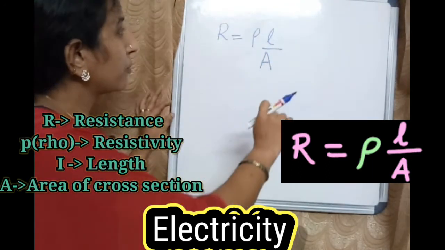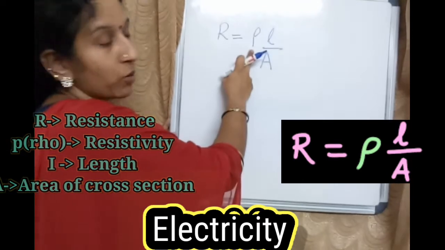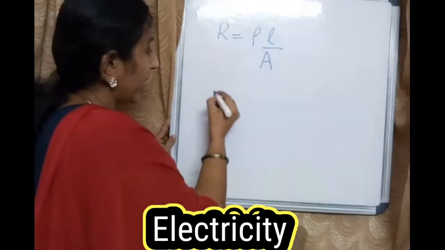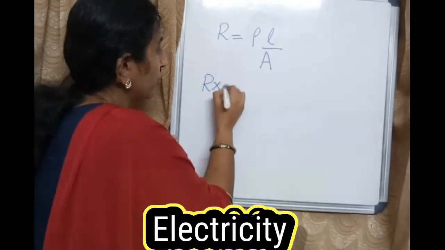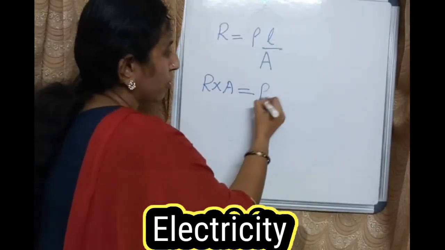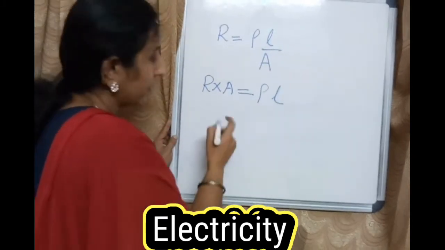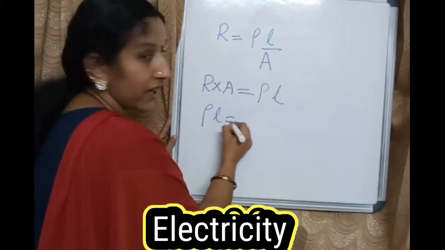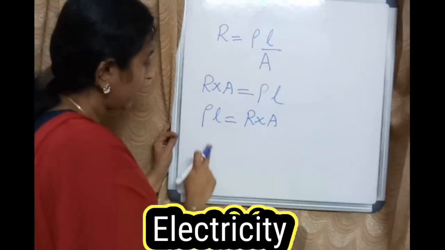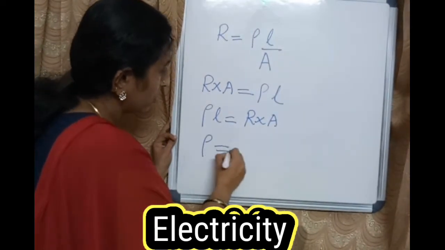Now we are going to make an equation for rho. How to make an equation for rho? First, cross multiply these two. R into A equals rho into L. Then rho L equals R into A. Then rho equals what?